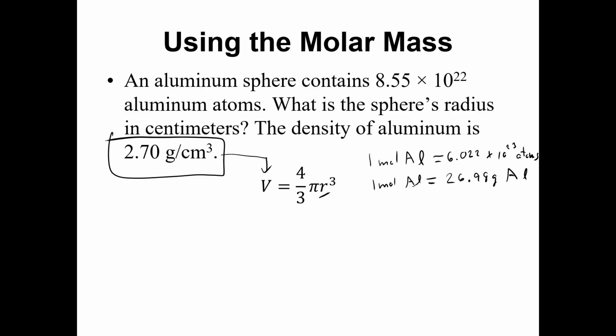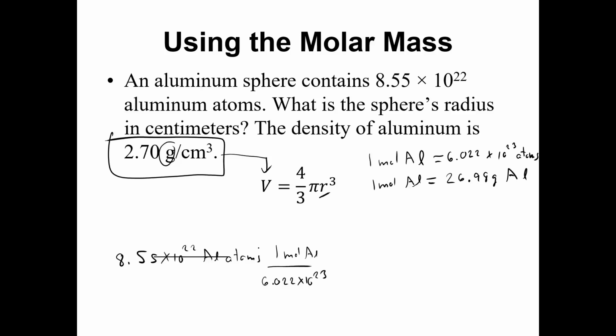Now from that I can probably figure out the volume from the density and the mass. Alright, so if I have 8.55 times 10 to the 22 aluminum atoms, and I convert that to moles, 1 mole of aluminum divided by 6.022 times 10 to the 23.